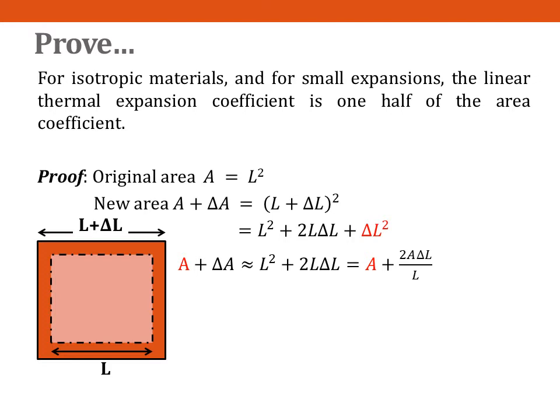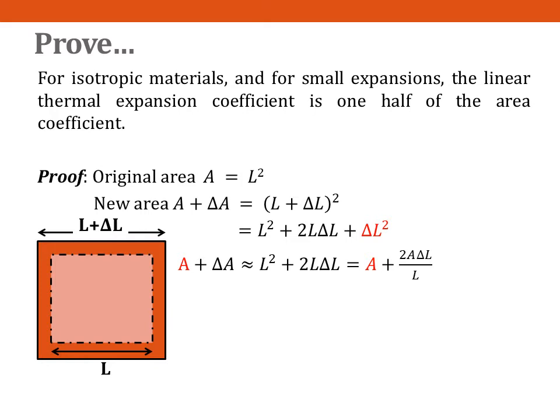We are now going to look at the second term. The second term is 2L delta L. We multiply and divide this second term by L. When we multiply by L, L and L give us L squared, which is A. Therefore, the second term changes to 2A delta L by L. Also, look at this equation.